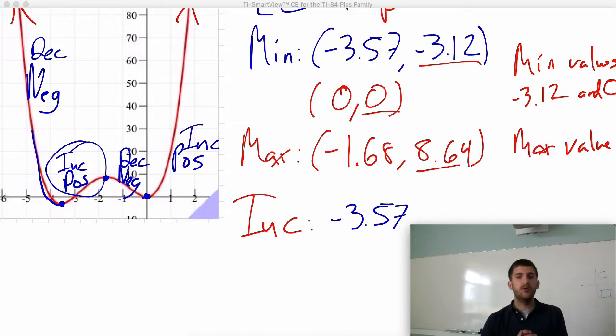That was that x value of that minimum value. And for this purpose, I'm going to say, we're just going to use an inequality, negative 3.57 is less than x, which is less than the right point, this guy over here. So we're going to use the x value from that high point there, which we calculated when we found the maximum value. It was negative 1.68.